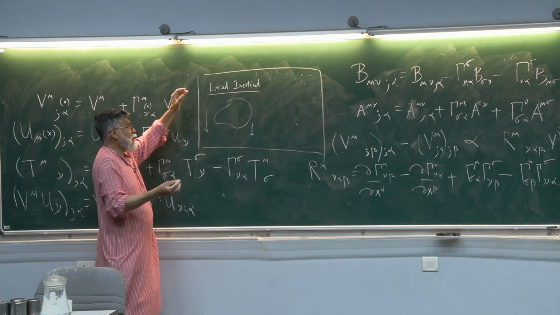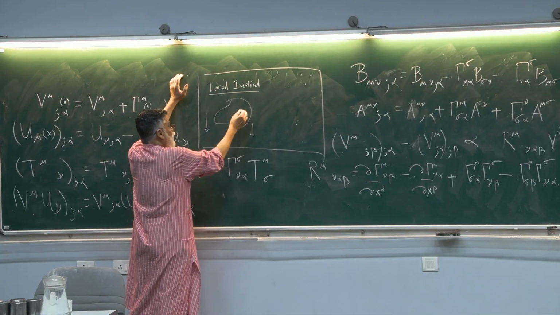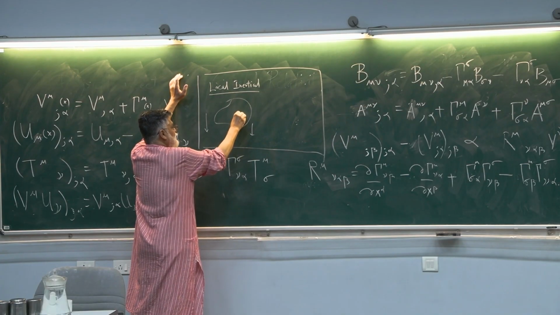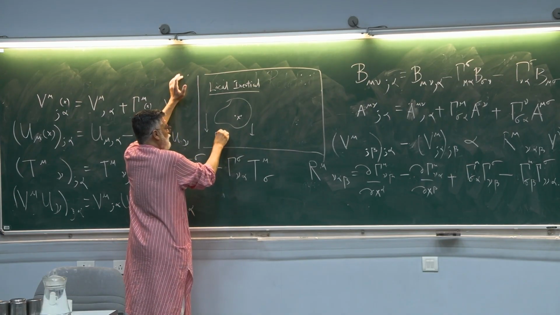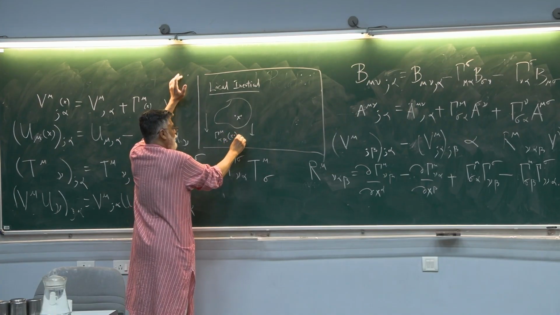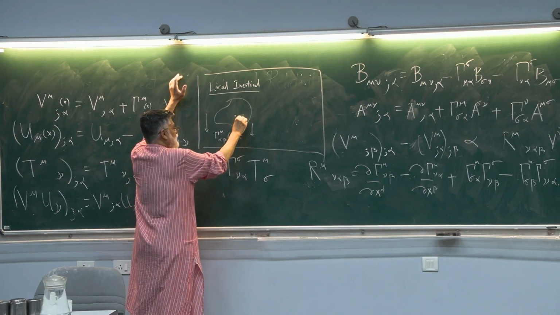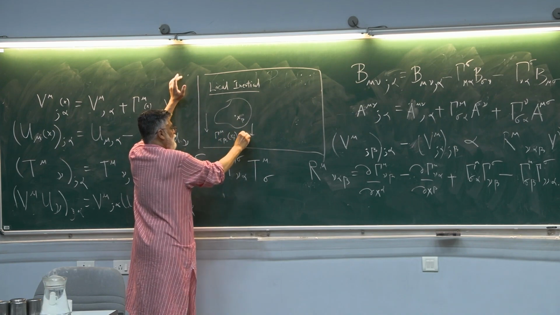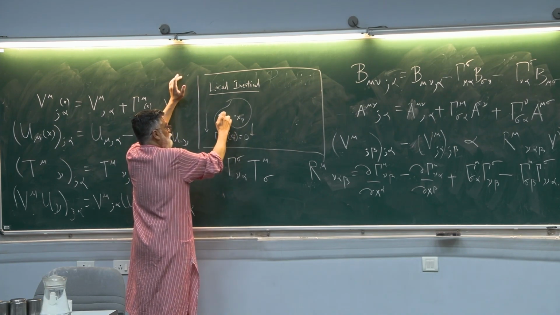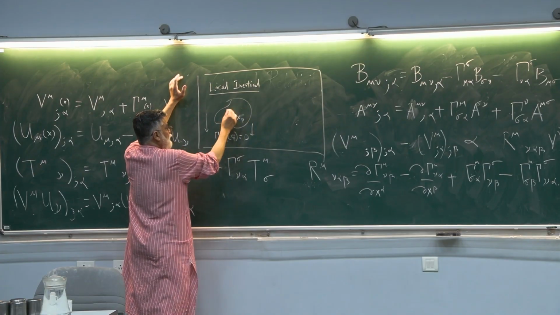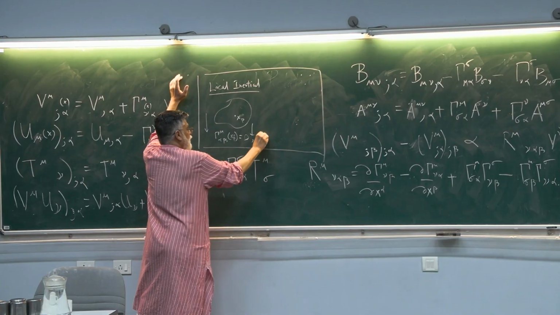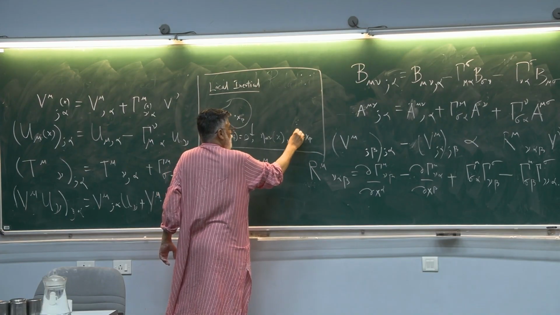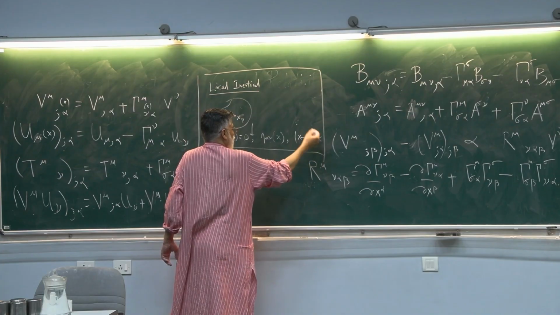So what you have done is that you have chosen such a coordinate system that at one point within the local inertial frame, call that point x0, let me call it xp, point p, the Christoffel symbol gamma mu alpha beta at xp is 0, and to first order in the separation, the metric is eta mu nu at every x such that modulus of x minus xp is much less than some value.